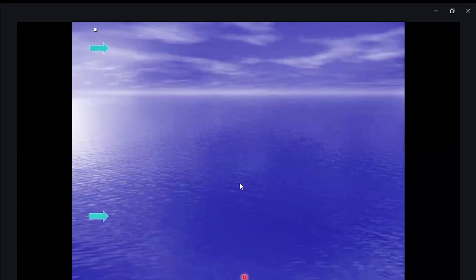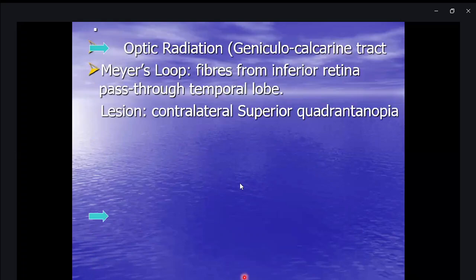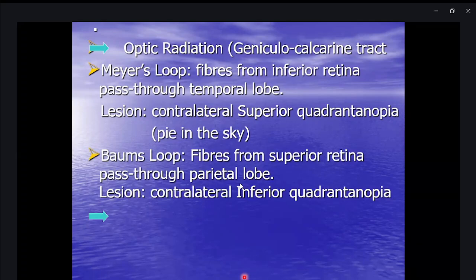So optic radiation, the Meyer's loop, and the loop through the parietal. Sometimes when you have temporal epilepsy, they do some cutting, resection of the temporal lobe, and sometimes these fibers might be cut.